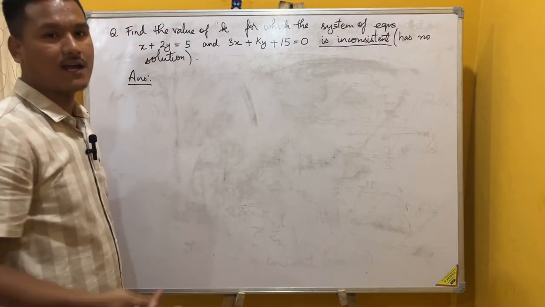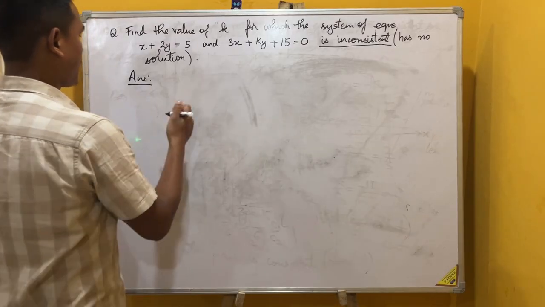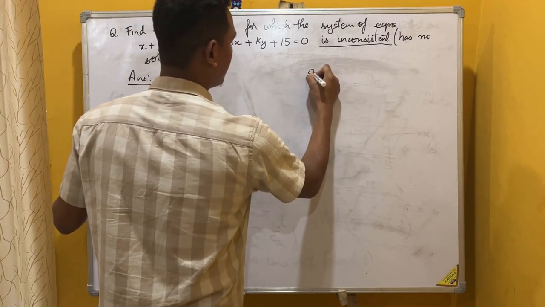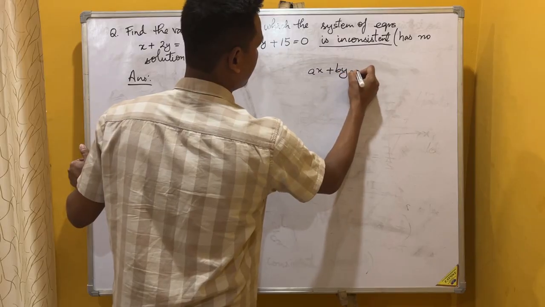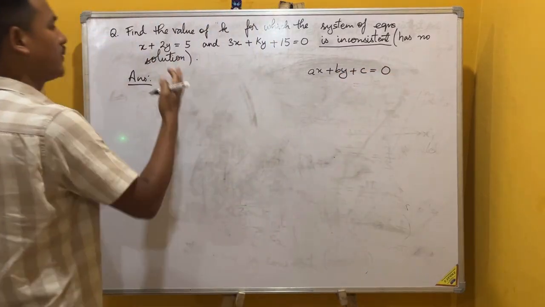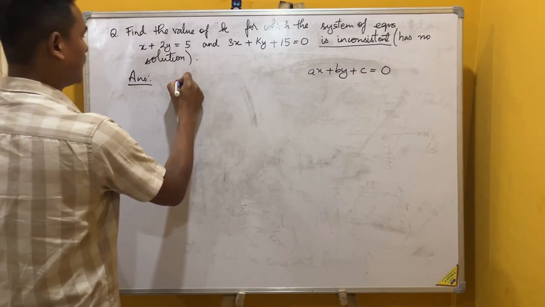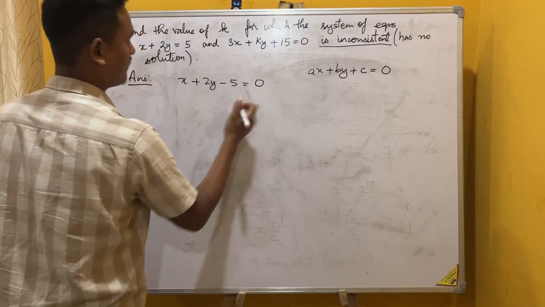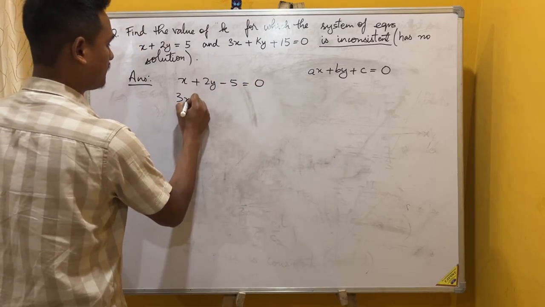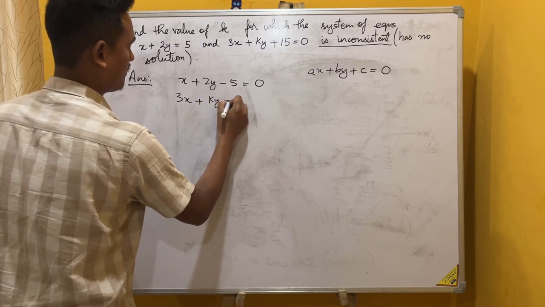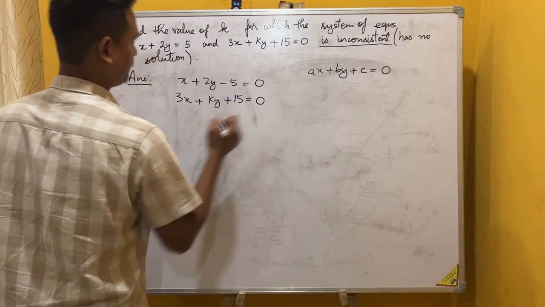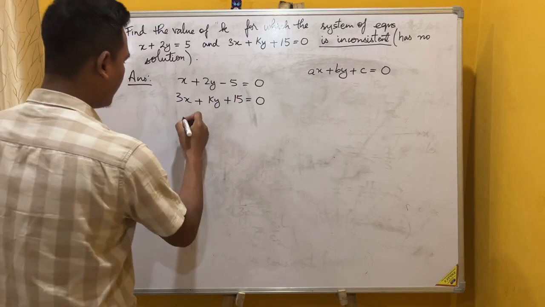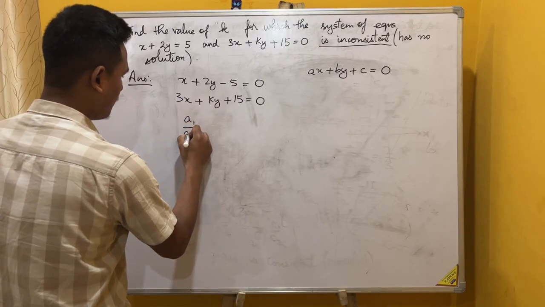All right, we will find the value of k. So let us rewrite the equations in the form ax plus by plus c equals 0. So we will write both the equations in this form. Now we will find a1 upon a2.